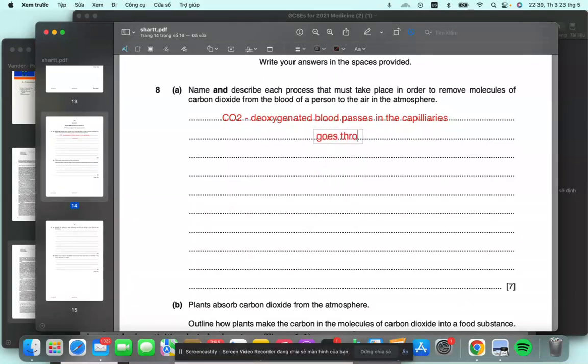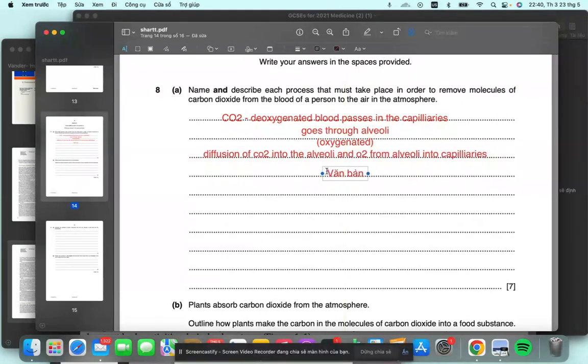It goes through the alveoli, which are oxygenated, and it does something called diffusion of CO2 into the alveoli and O2 from the alveoli into the capillaries.